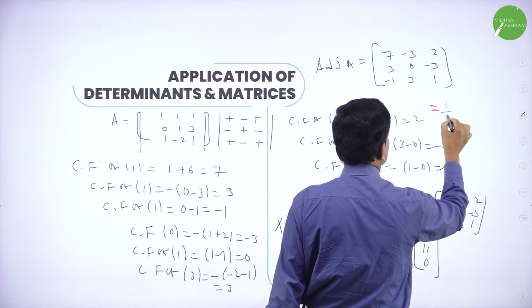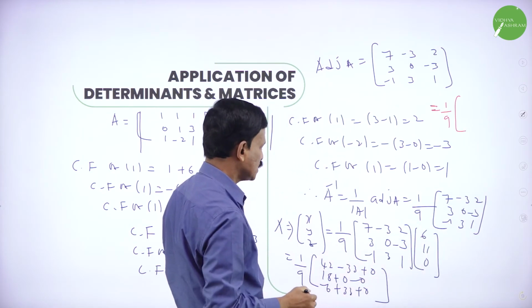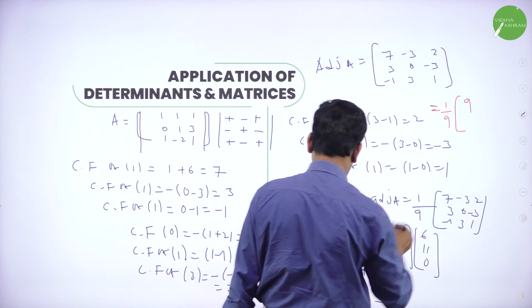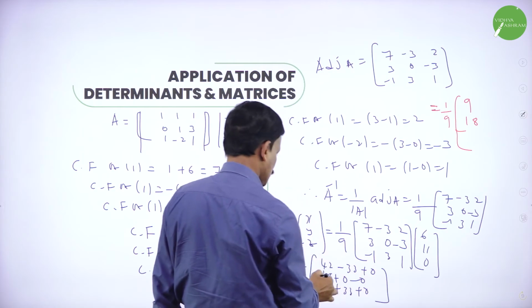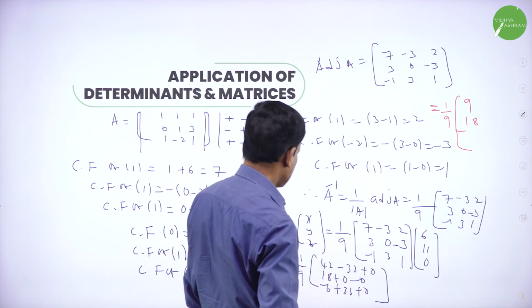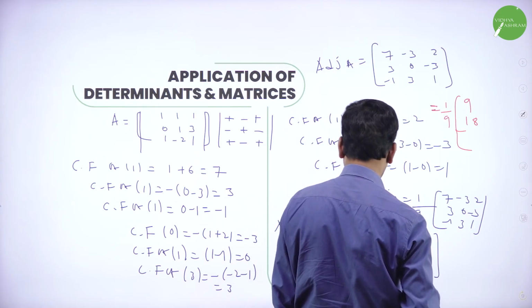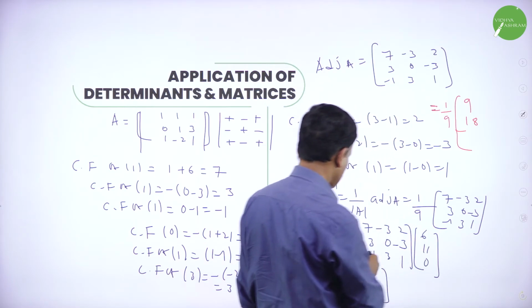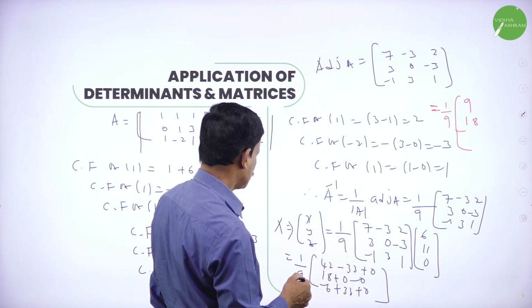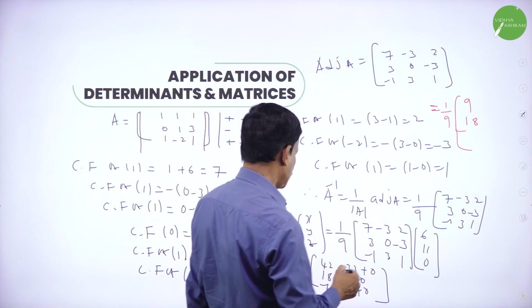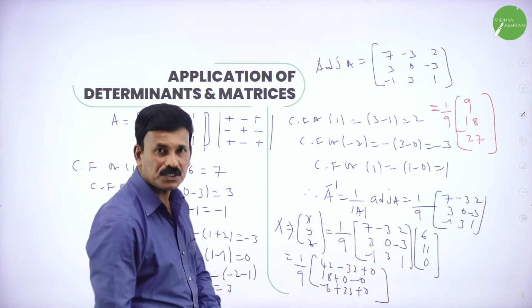So, this is 1 over 9 into 42 minus 33, it is 9. And again 18 plus 0, it is 18. And 33 minus 6, how much you will get? Let me check this here.